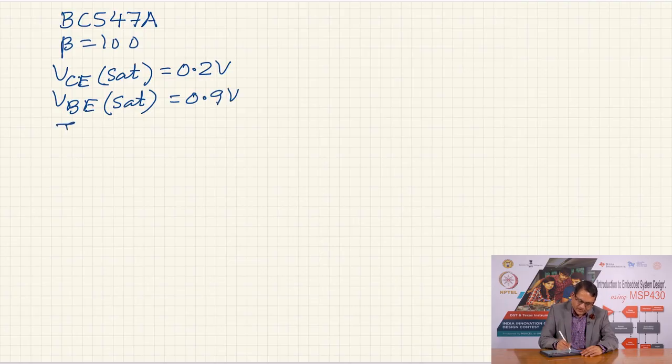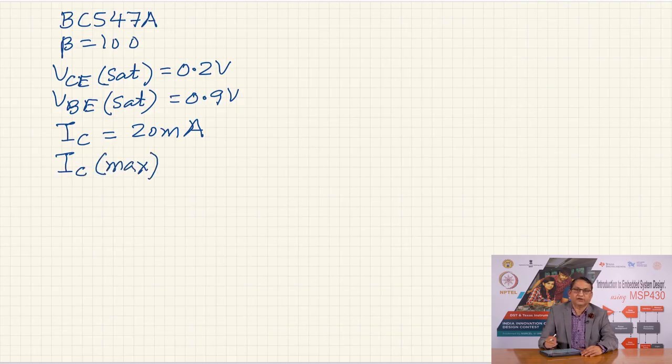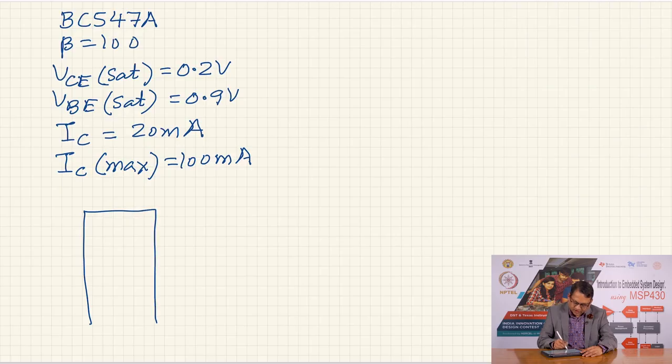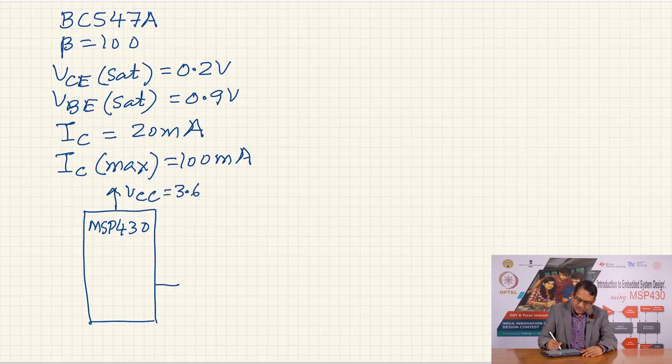The current we want, IC through the LED, is 20 milliamperes. Our transistor is capable of an IC max, the maximum current that the collector can handle, of 100 milliamperes. Using these numbers we are going to design a circuit with our MSP430 microcontroller, one of its ports, powered with a VCC of 3.6 volts.